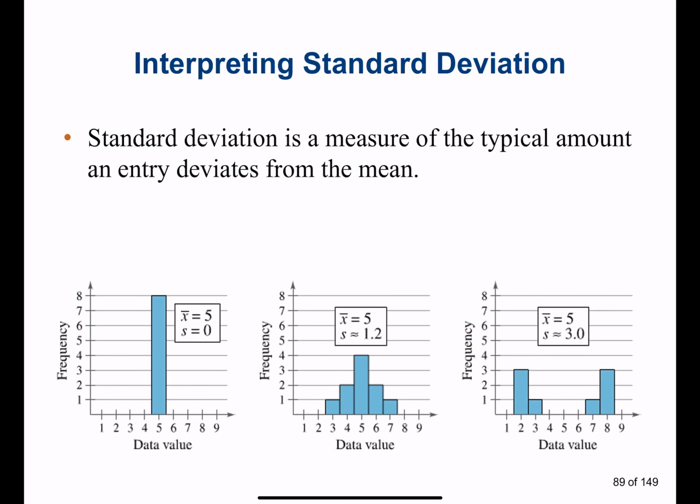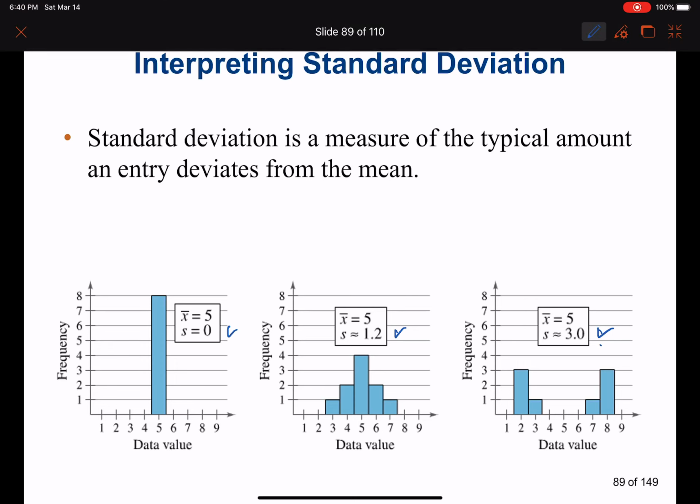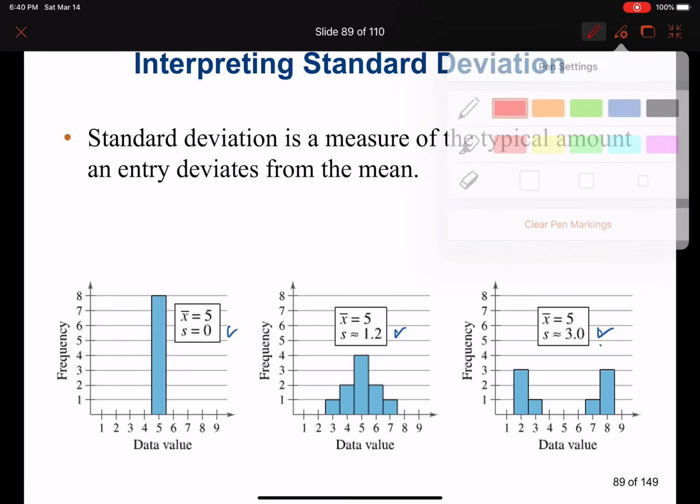Now let's look at the interpretation of standard deviation. Here the standard deviation is given as 0. Standard deviation is given as 1.2. Standard deviation is given as 3. So the histogram with the greatest standard deviation, which is 3, has the widest spread. Hold on, let me take the red one.